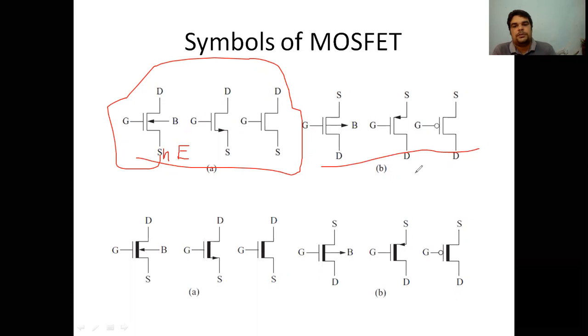This is the symbol of a P-channel enhancement MOSFET. This is the symbol of an N-channel depletion MOSFET, and this is the symbol of a P-channel depletion MOSFET. Okay.